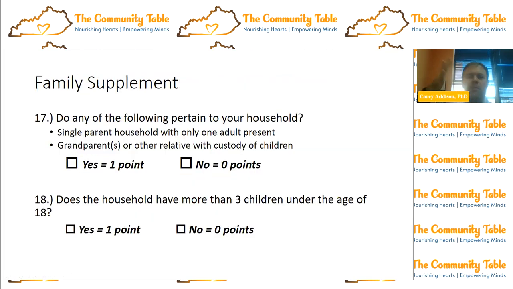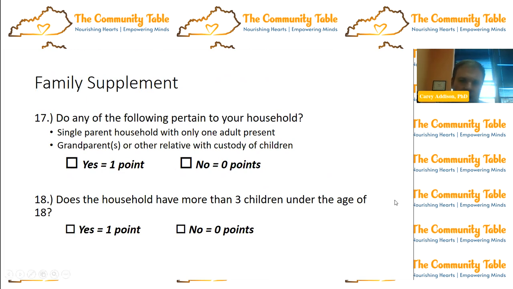The family supplement. So real quick, if the head of household answered the first 16 questions, but they have children under the age of 18, they would be asked 4 additional questions. And we talked a lot with family providers about what made our families vulnerable.